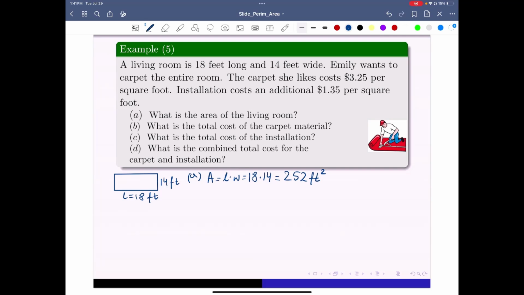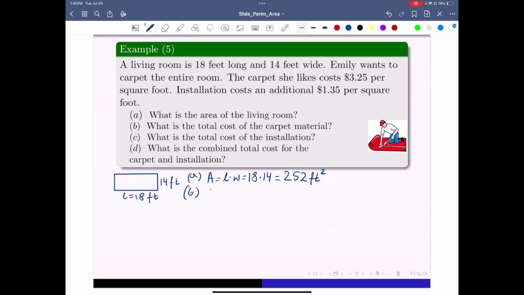What is the total cost of carpet? So part B, we have 252 square feet. Each square foot costs $3.25, so we need to multiply times my square feet.